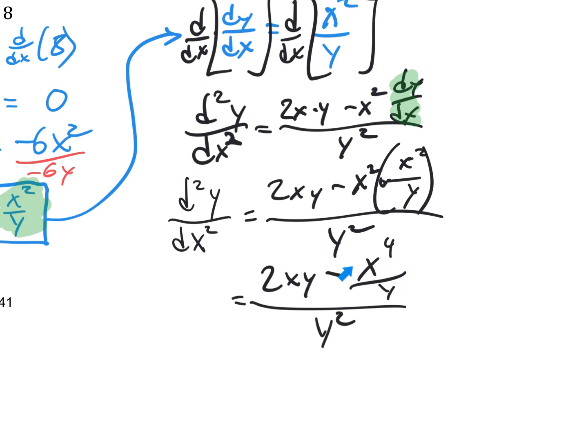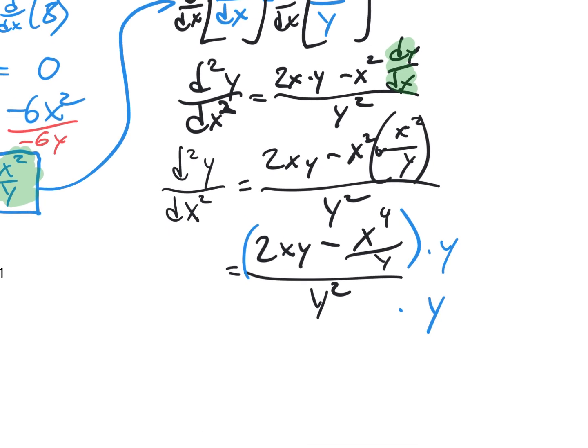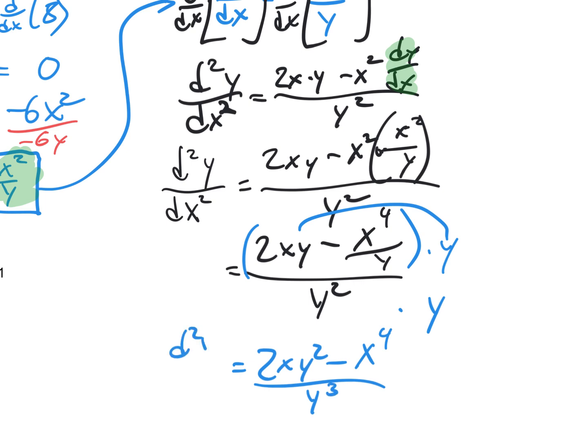We don't like this compound fraction. So if we multiply the top and the bottom by y, that common denominator, that only denominator I should say, we want to cancel this out. So distribute that and we are done. So we'll distribute that: 2xy squared minus x to the fourth, all over y cubed. There is the second derivative.